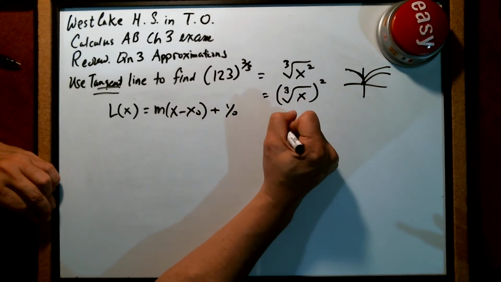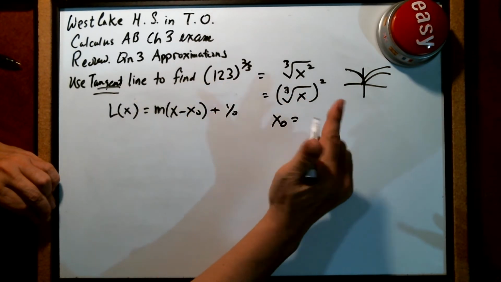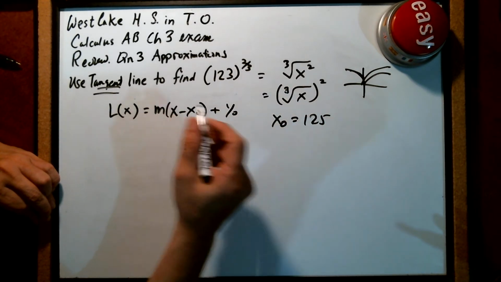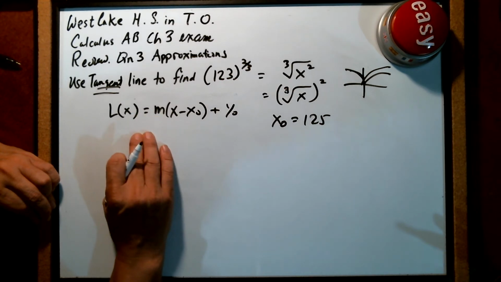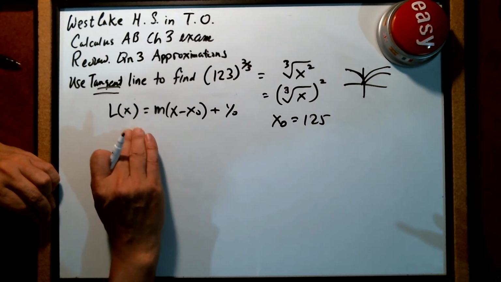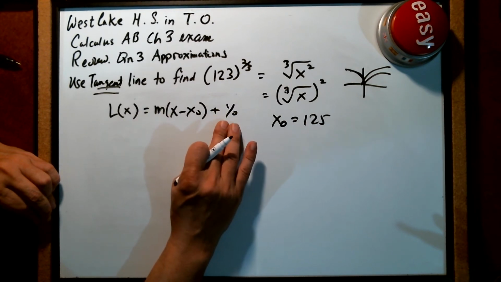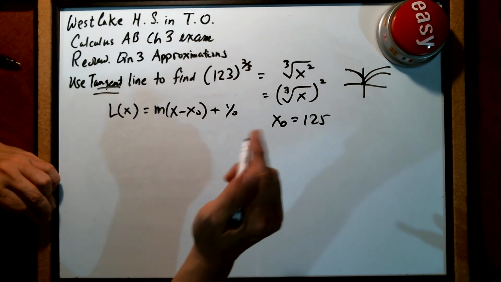We're going to use 125 as our initial value, x naught. This linearization function came from point-slope form. Remember how we moved the y to the right side? The y naught is the initial starting value, and the x naught is the initial starting value.